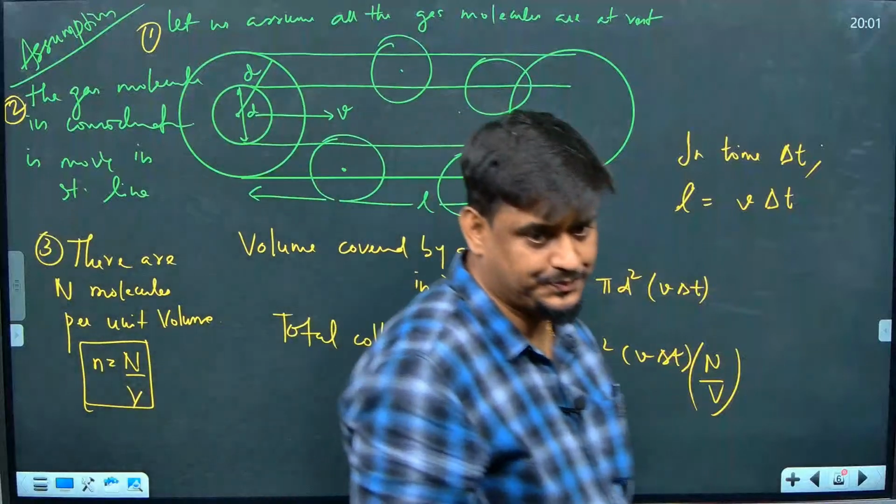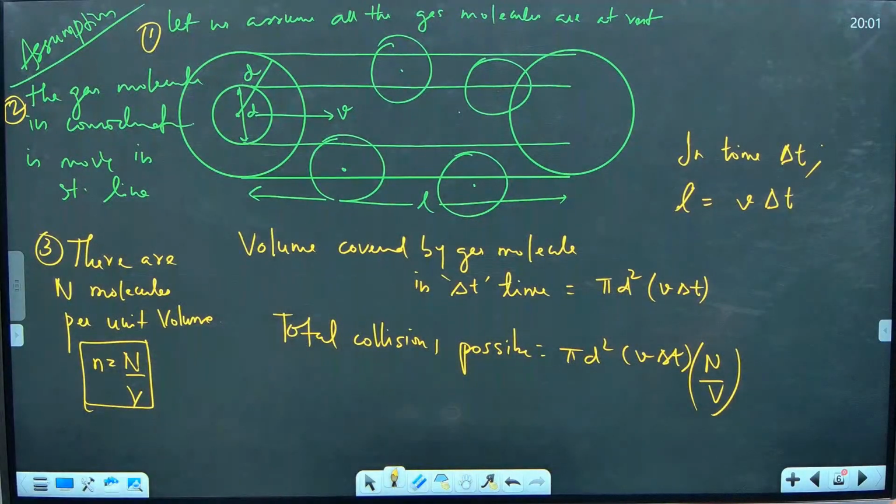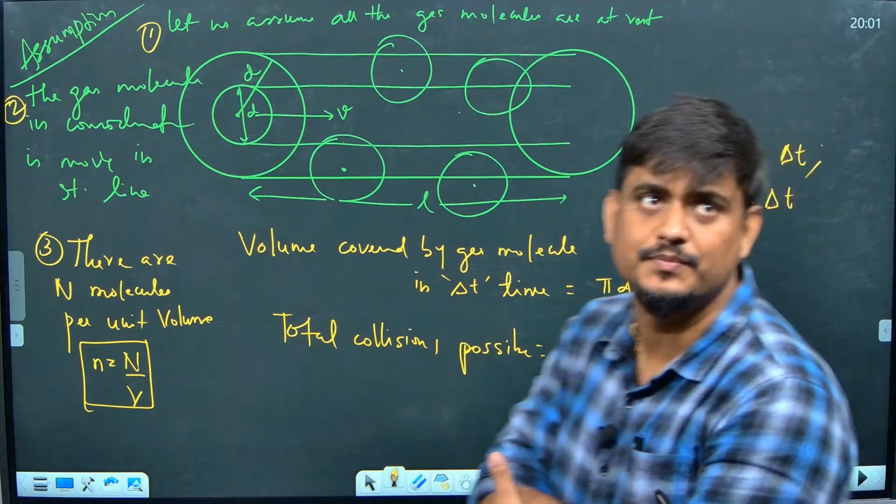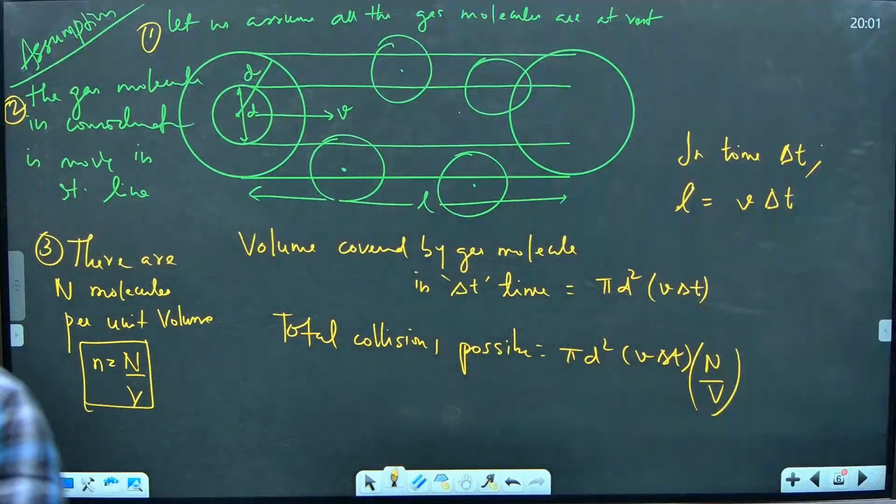Copied. Second one, the gas molecule in consideration is moving in a straight line. Copied? Online people? Yes, sir. Yeah, make it fast. I'll wait for a minute. Make it fast.